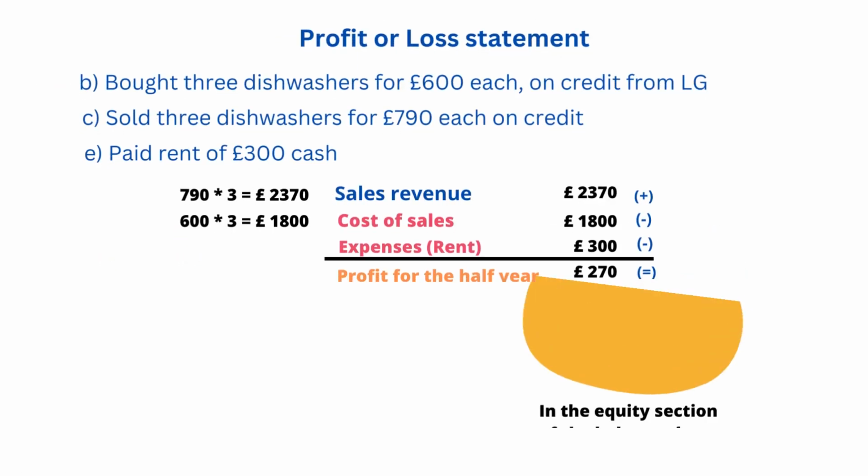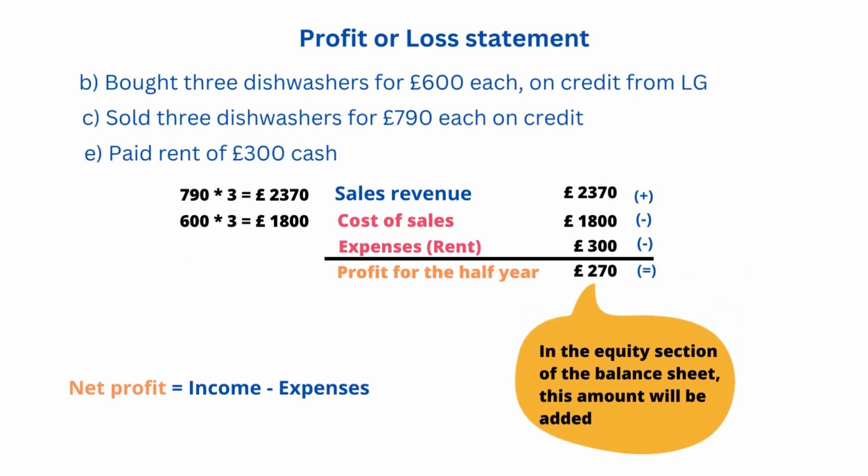So let's start with the profit or loss statement. We have £2,370 which came from the sales account because the company sold 3 dishwashers for £790 each. And then we have £1,800.